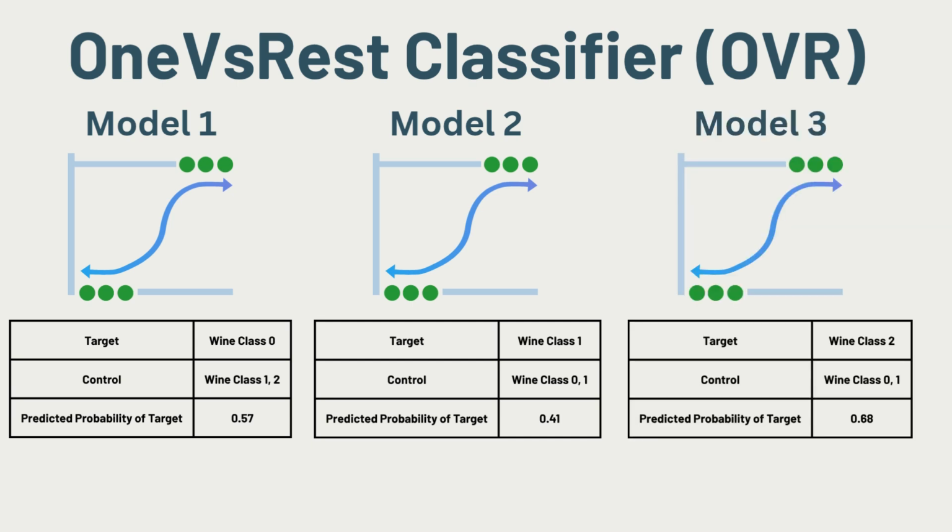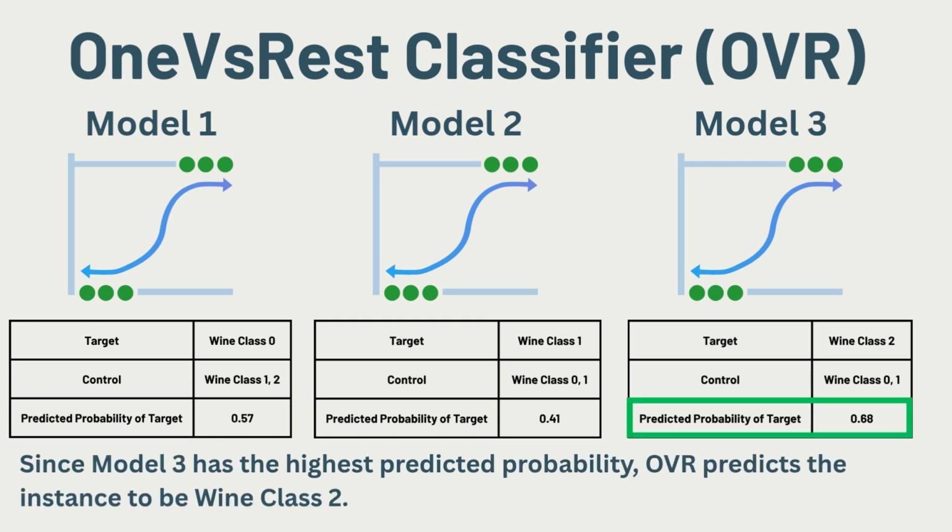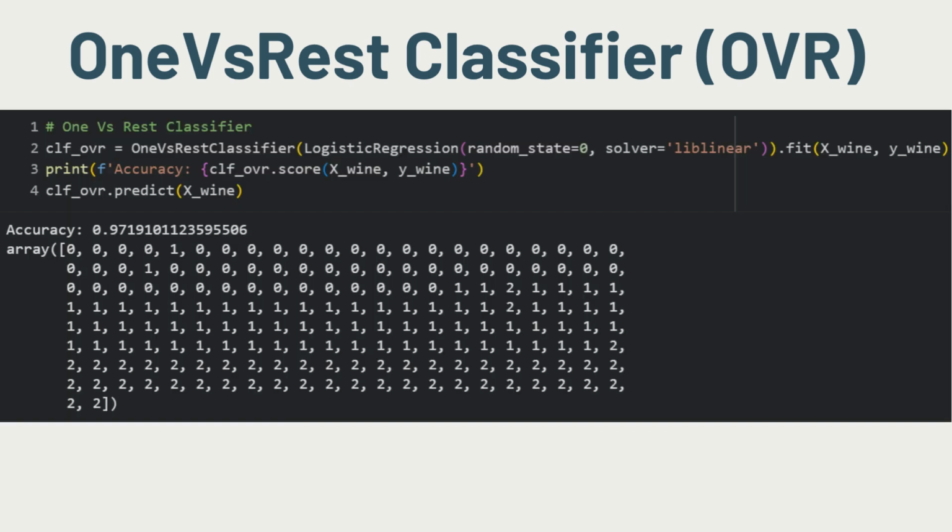Finally, it will build another model to compare the target value of 2 against the rest. For each record instance, it will run the 3 models and take the highest predicted probability of the models as a prediction output. We can test it out. We will fit the logistic regression with the liblinear solver into the one versus rest classifier and print the accuracy and prediction results. It works just as well.